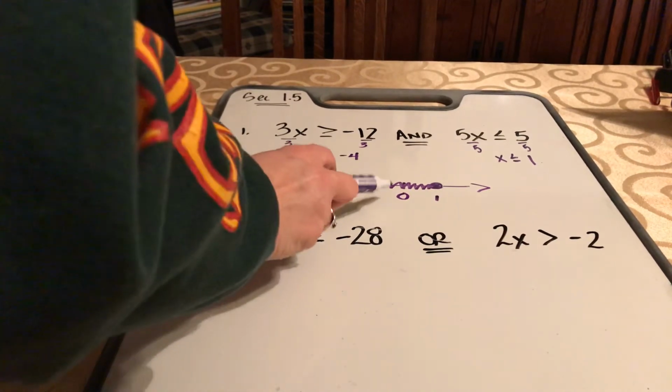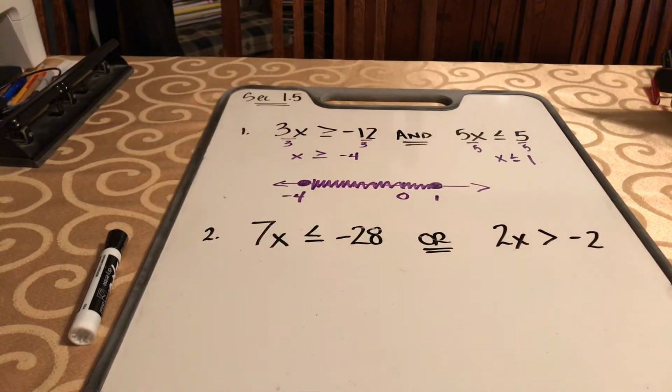If I put 0 into my other inequality, 5 times 0 is 0, and 0 is less than or equal to 5. So if you're unsure whether you shaded the right part of the number line, you can always do that quick check. Any answer in the shaded part needs to work in both inequalities.